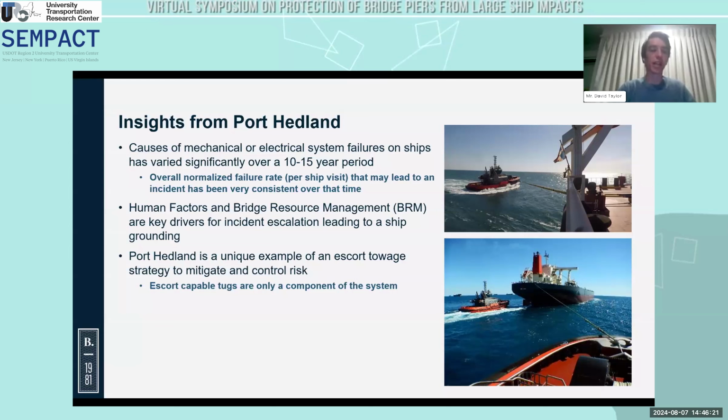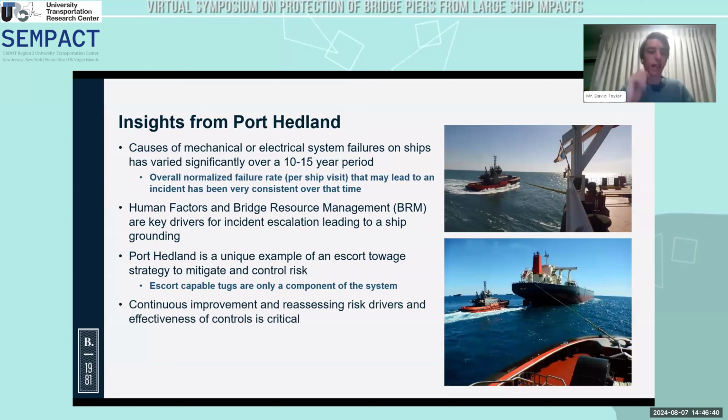So training and introducing piloting controls and strategies that can utilize the escort towage effectively is absolutely critical to the risk control system that is operating in Port Hedland at the moment.